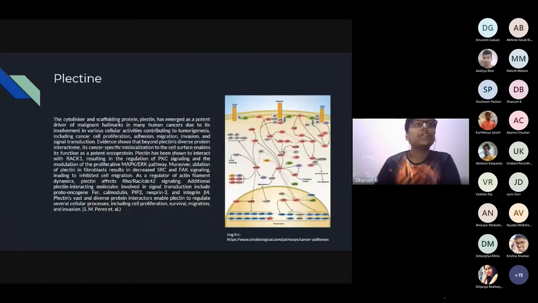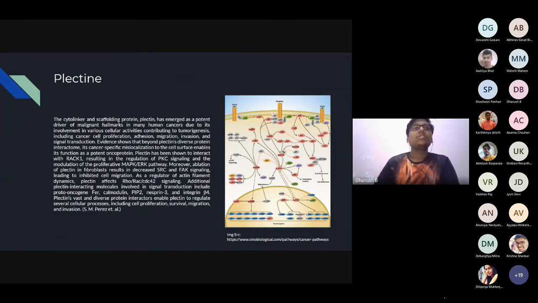Plectin, one of the top regulated proteins, is a cytolinker and a scaffolding protein, which has emerged as a potent driver or a potential biomarker for malignant human cancers. It is involved in various cellular activities in tumorigenesis, cell proliferation, adhesion, migration, invasion, as well as signal transduction.